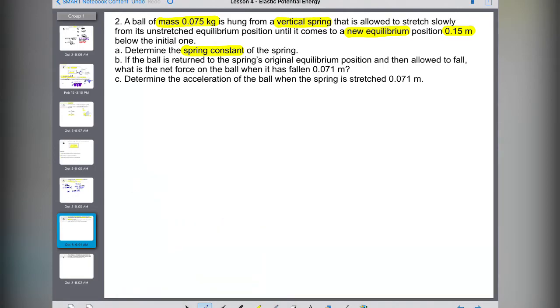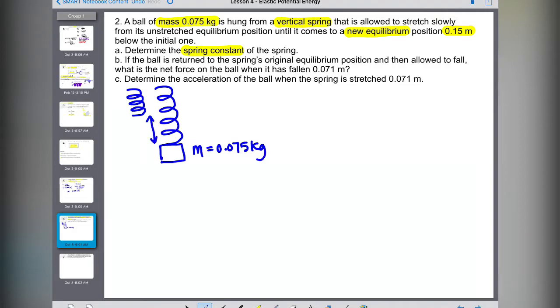What they're saying is the spring is supposed to be this long when it's not hanging onto anything. But now if I hook onto a mass that is 0.075 kilogram, it is able to stretch it by a distance, so delta x is 0.15 meters.